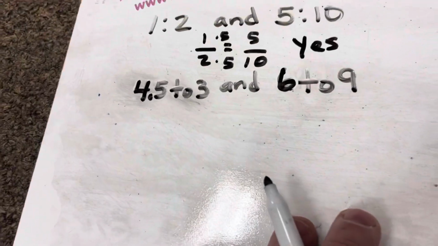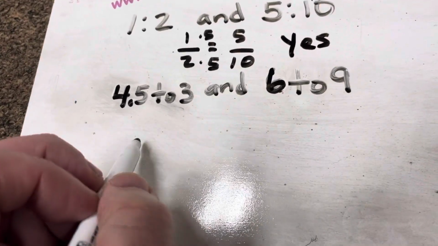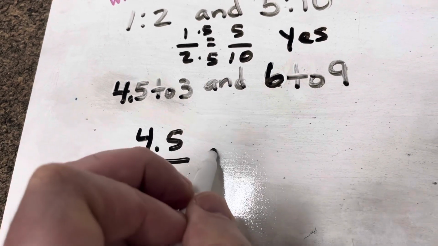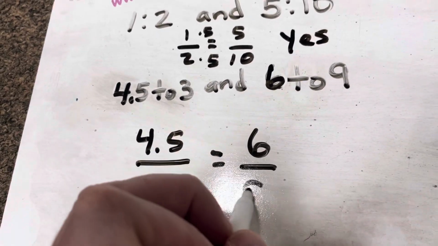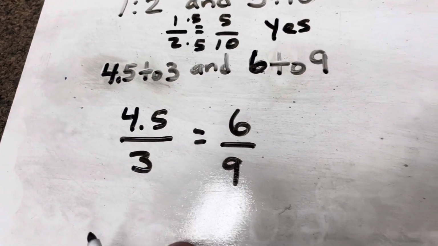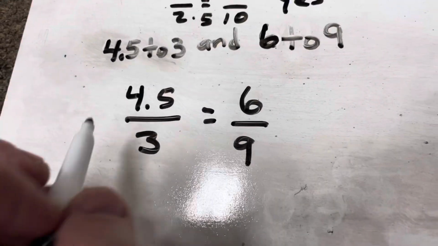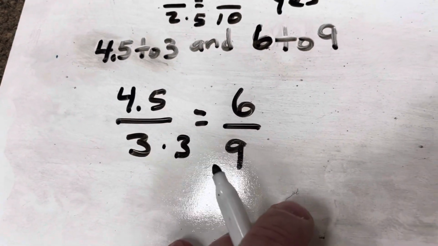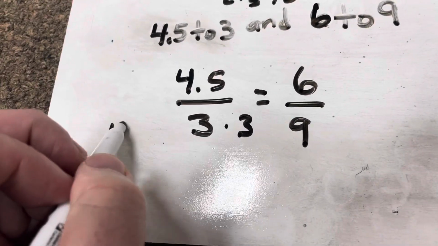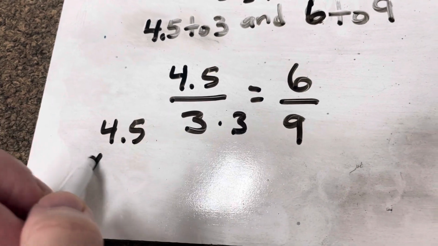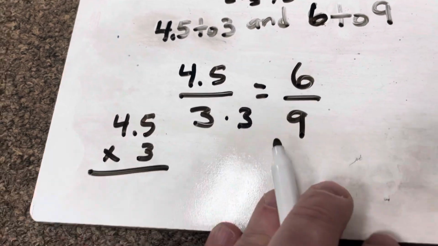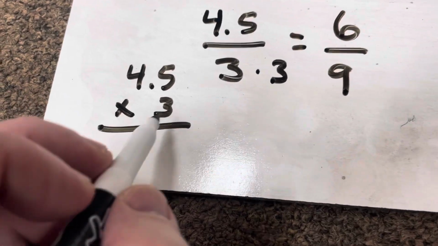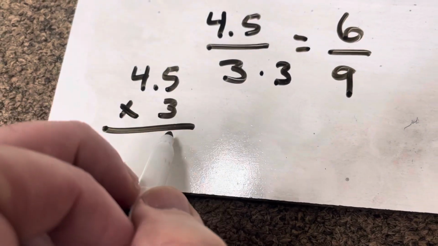Now, if we go to this one, we say, okay, well, 4.5 to 3, is that equivalent to 6 over 9? Well, if I'm going to think here, okay, if I do 3 times 3, that's what makes 9. But if I do 4.5 times 3, and I don't have my calculator handy, so I'm not going to do that right now, but I would say, okay, well, 3 times 5 is 15.